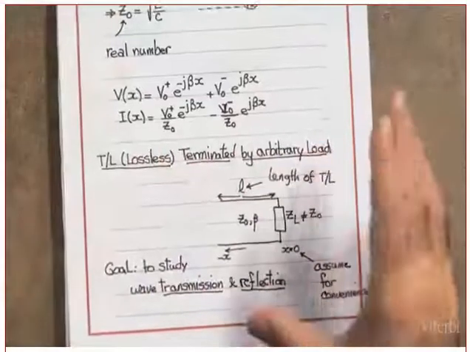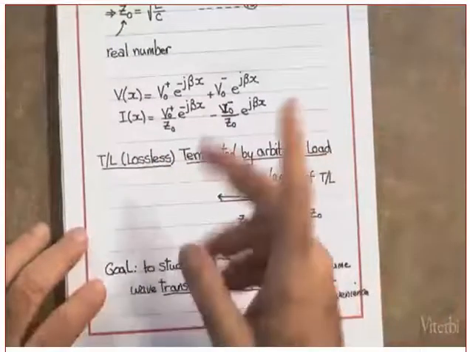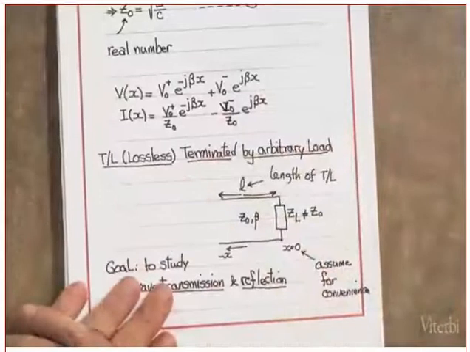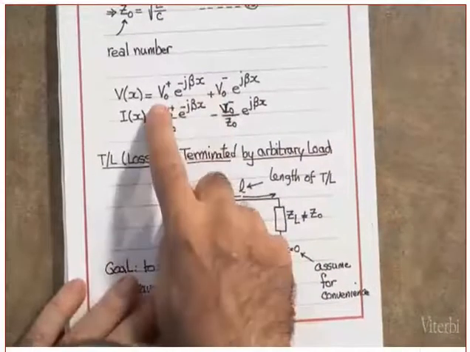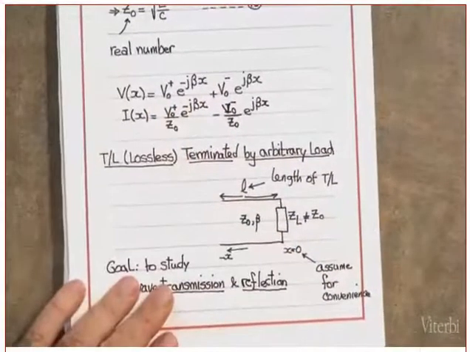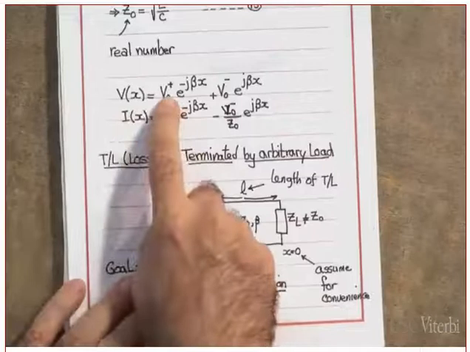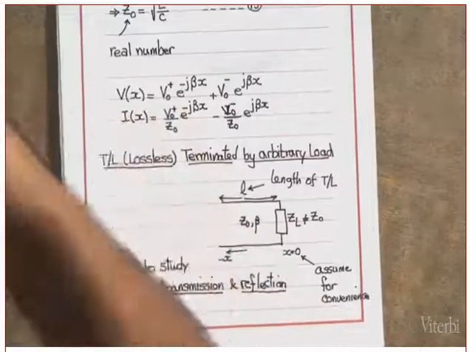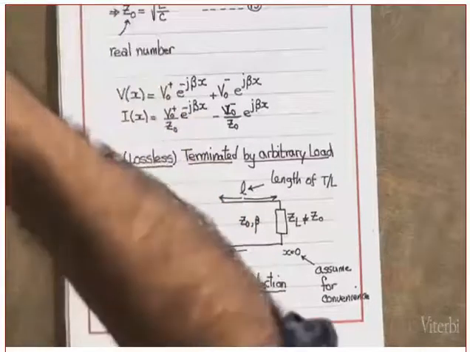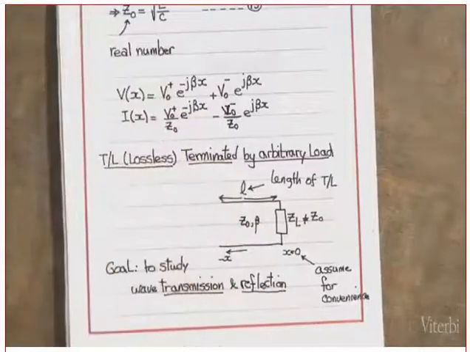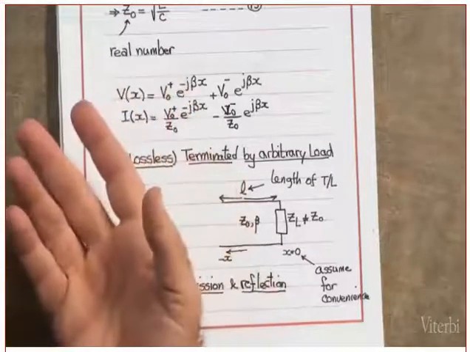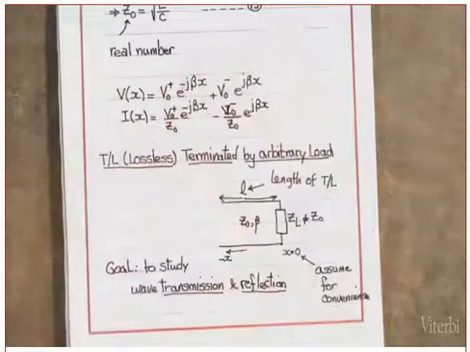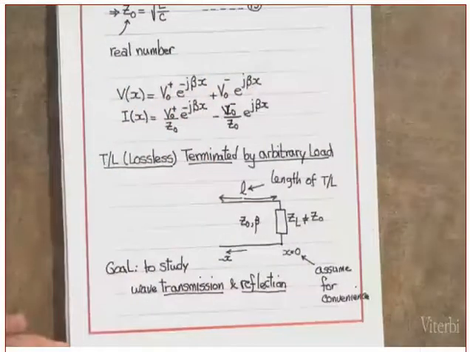Now, before I continue with this, let me ask a question. Can we measure V0 plus? Can I bring a voltmeter to measure this voltage? I cannot do that. This is the result of the solutions of the differential equation.